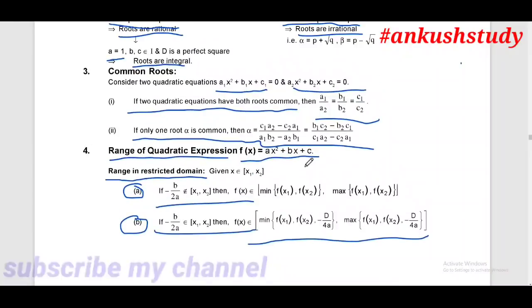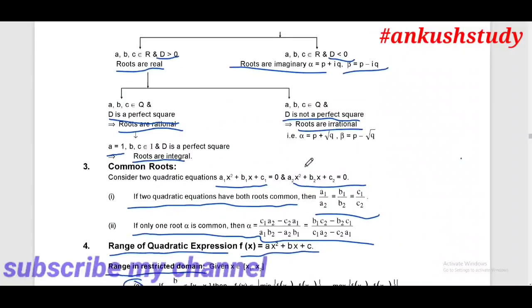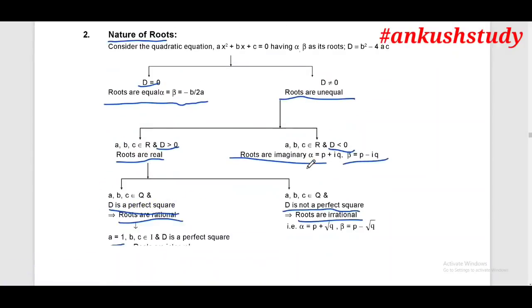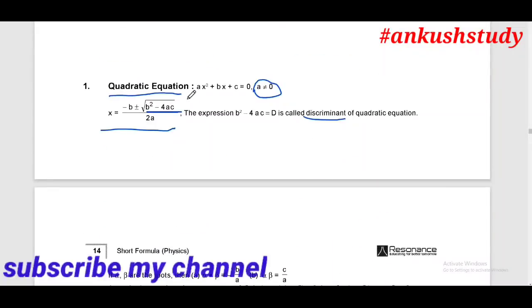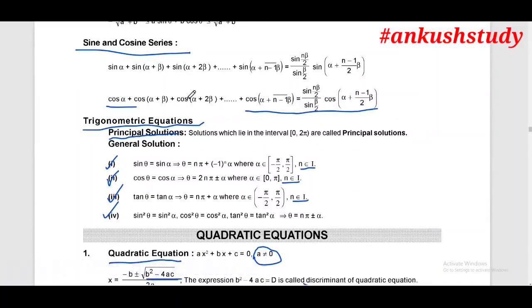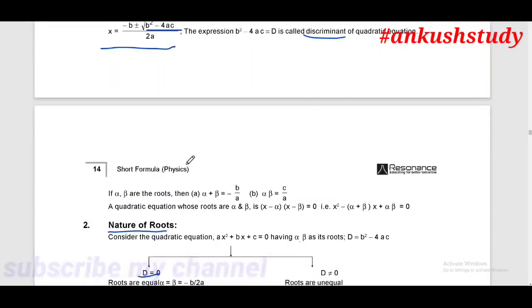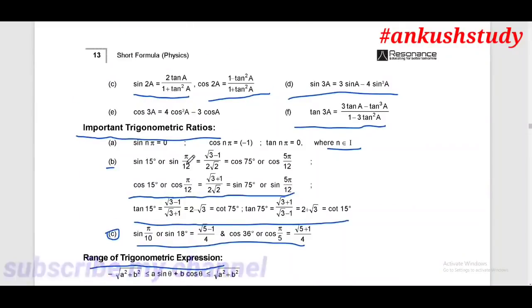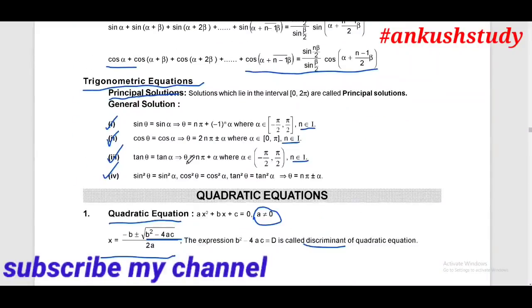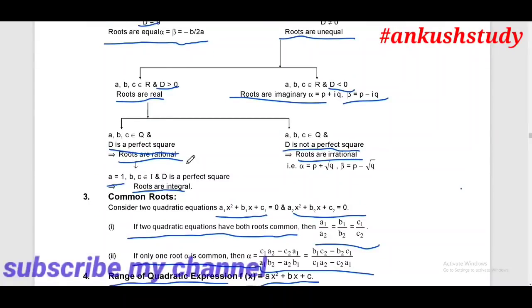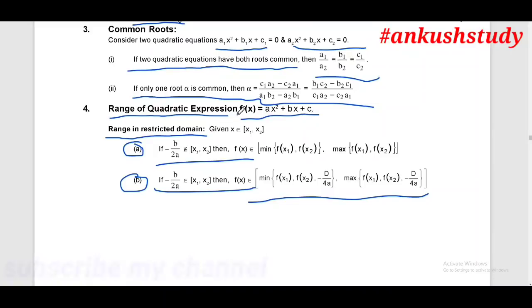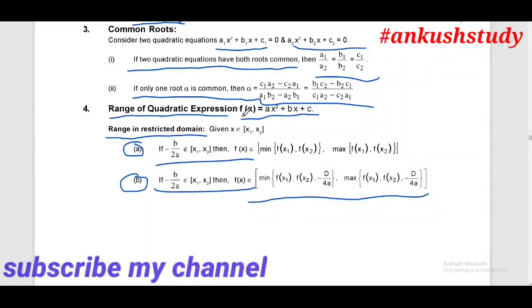Okay, so this chapter is very easy and its formulas are also easy. There are some explanations like the nature of the roots and the common roots, and thus we have finished all our chapters, basic formulas, and previous videos also have been done. So all these things you have to revise and keep on revising.